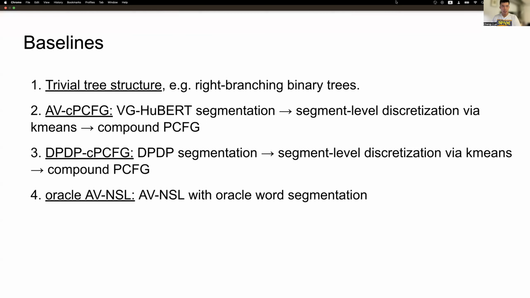The second baseline is AV compound PCFG, where we train a compound PCFG on segment level discrete units, where the segments are given from VG-HuBERT. Another baseline is DPDP compound PCFG, where the difference is that we take a speech-only word segmentation model as the segment level proposal. The last baseline is Oracle AVNSL, where we train AVNSL with oracle word segmentations.